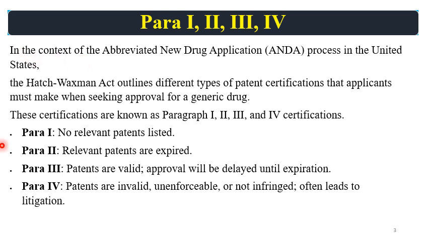In the context of ANDAs, that is abbreviated new drug applications, the US has given some para certifications through the Hatch-Waxman Act, which outlines differences between different types of patent certifications for ANDA applicants or generic product applicants for filing the product to the US FDA.